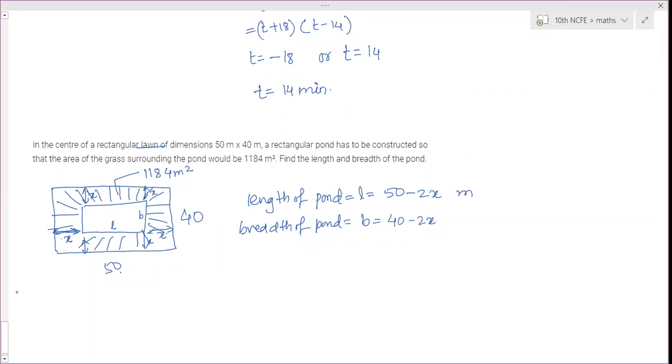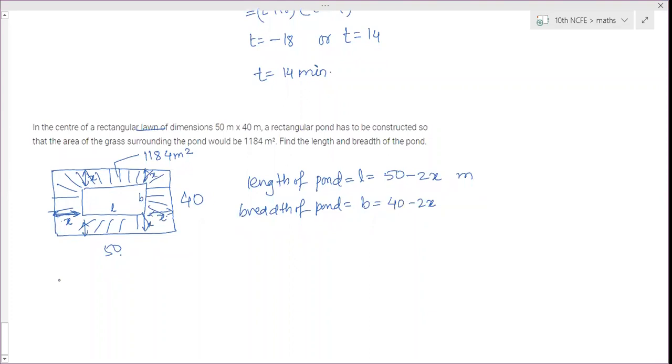Now what is the area of the grass? 1184 they have given. So that means what is the area of the pond? Is equal to area of outer rectangle minus area of grass. This grassy area.